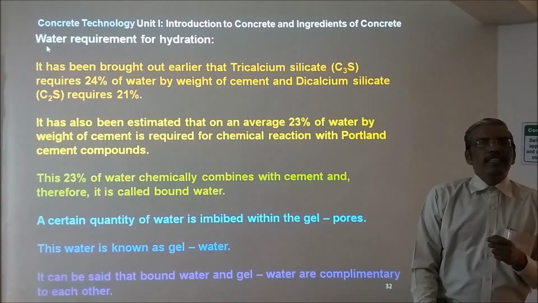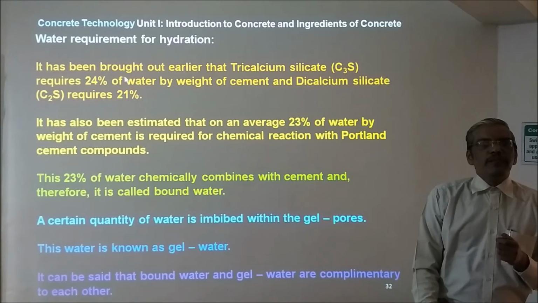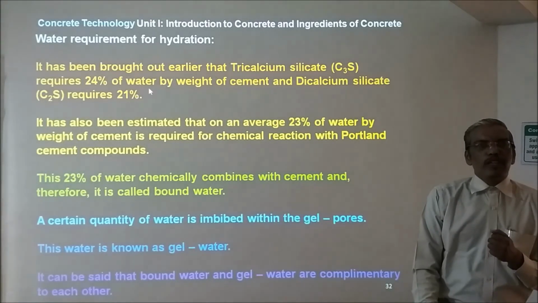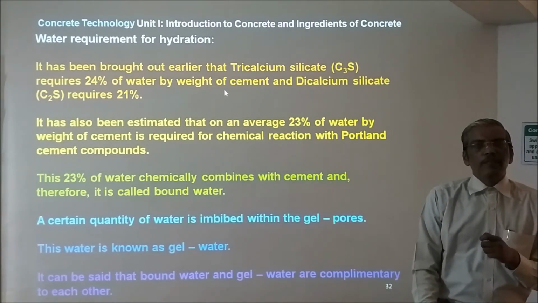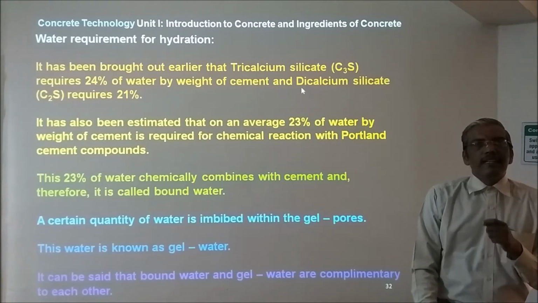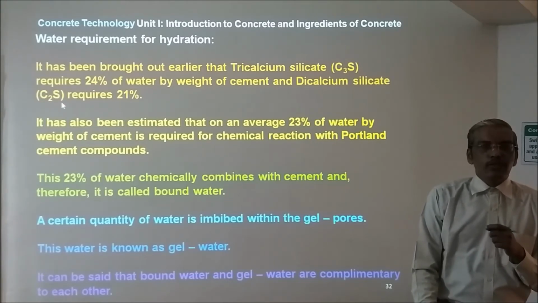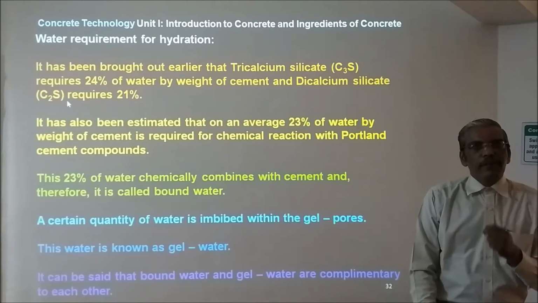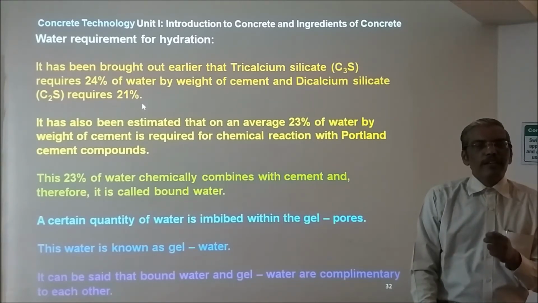So now we will see the water requirement for the hydration. It has been brought out earlier that tricalcium silicate, that is C3S, requires 24% of water by weight of the cement, and dicalcium silicate, that is C2S, requires 21% of water by the weight of the cement.